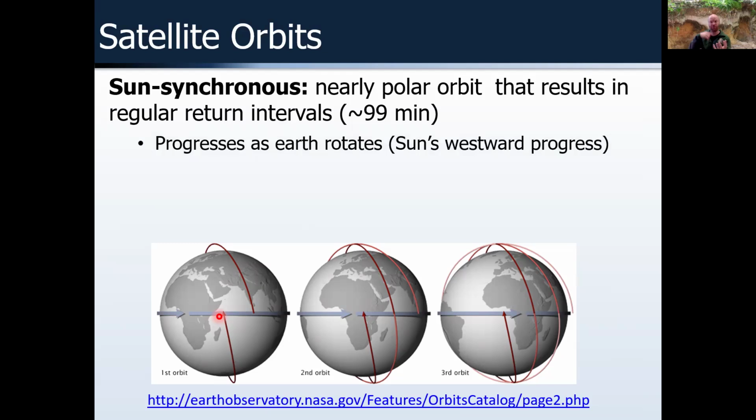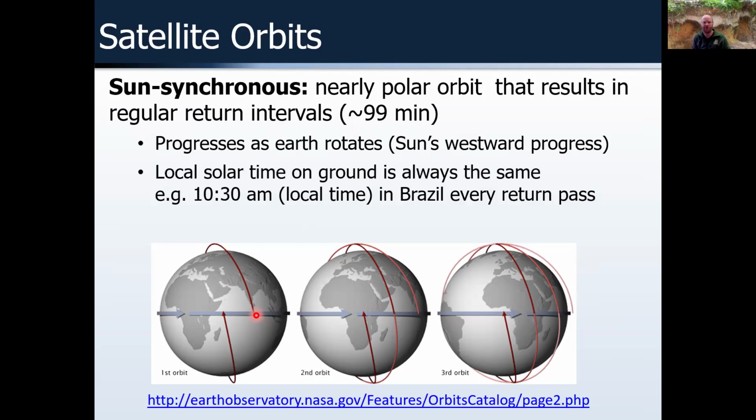As it's orbiting this north-south orbit, the Earth is rotating, and then it will come back and repeat that same path approximately 16 days after it returned. So it's always going to be recording data at any place on Earth.